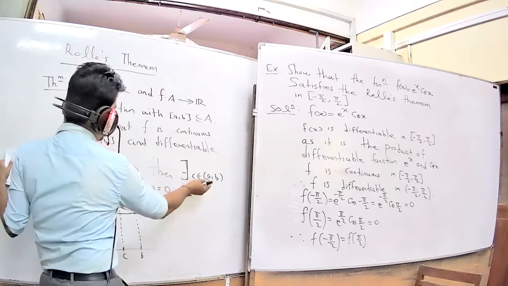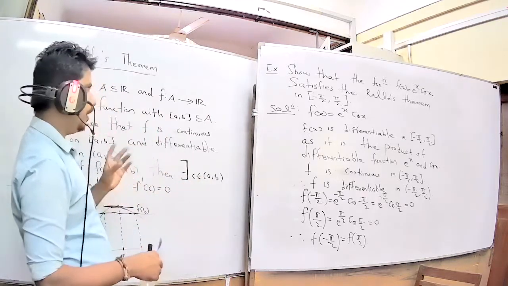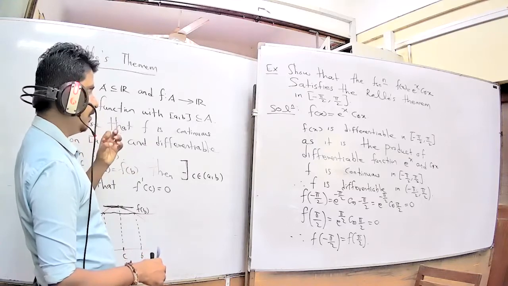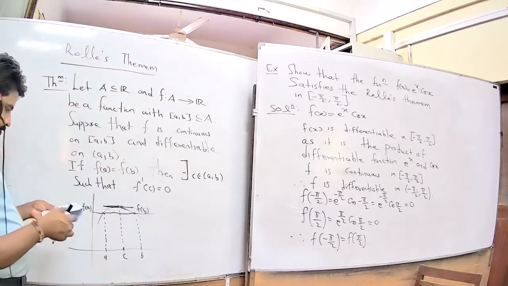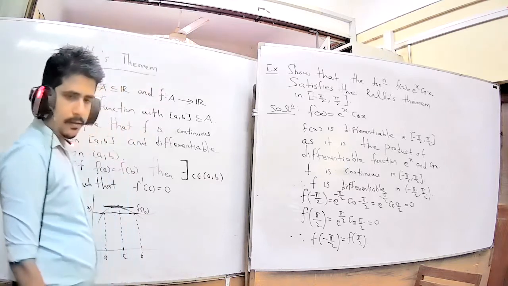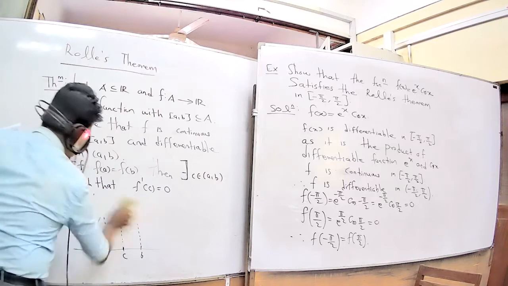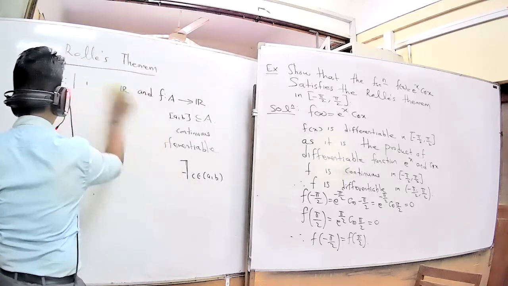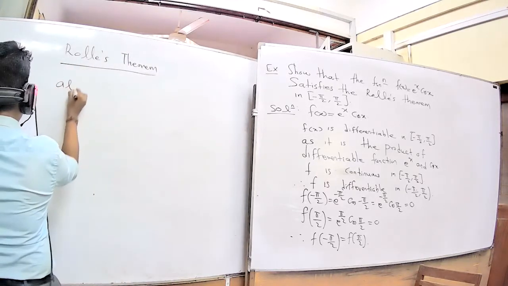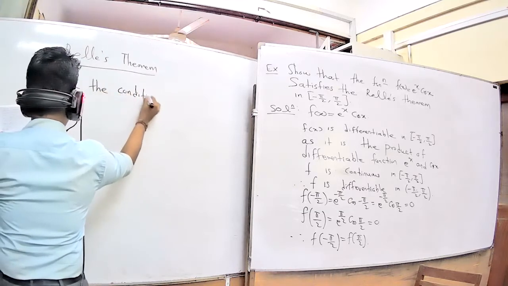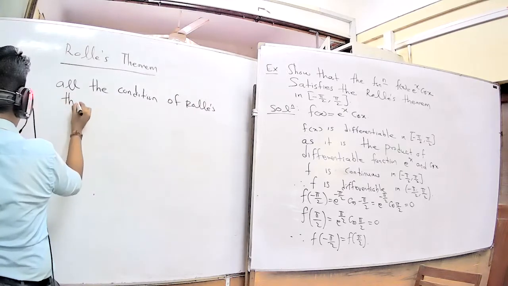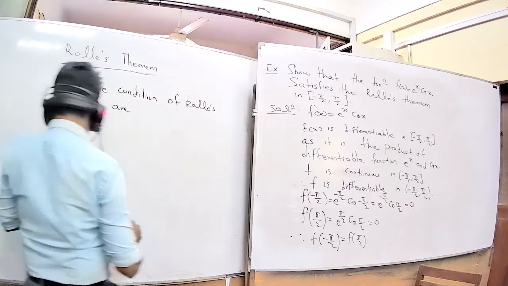Therefore, you can find such a value c within this open interval minus pi by 2 to plus pi by 2, where the derivative f dash of c equals 0. From that, we can find the value of c.